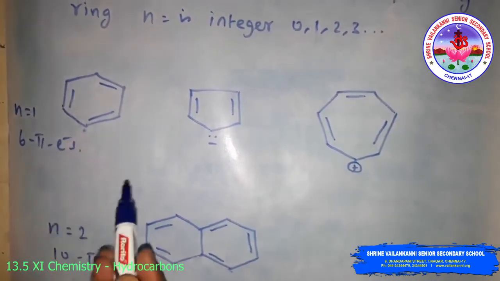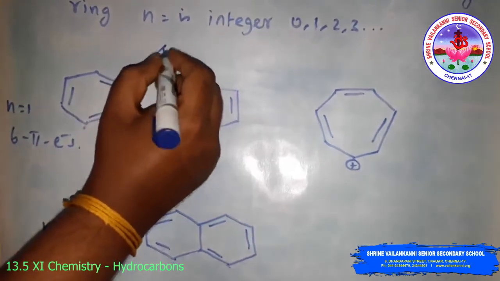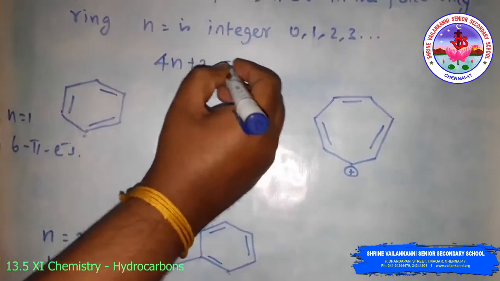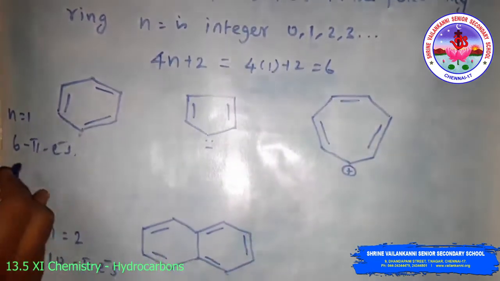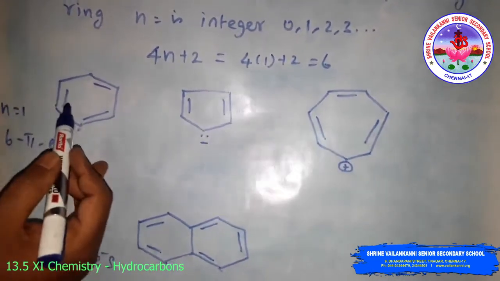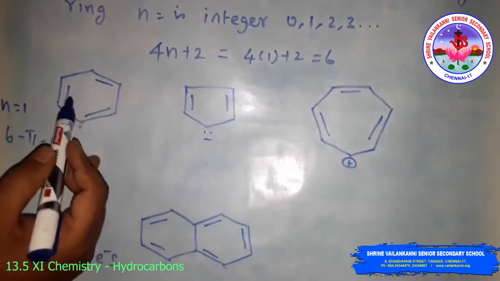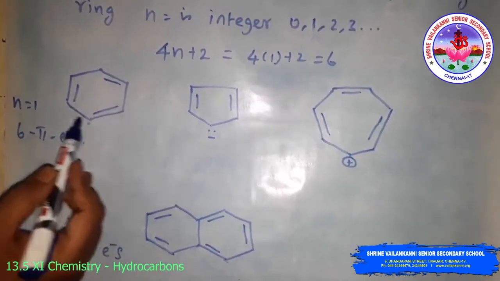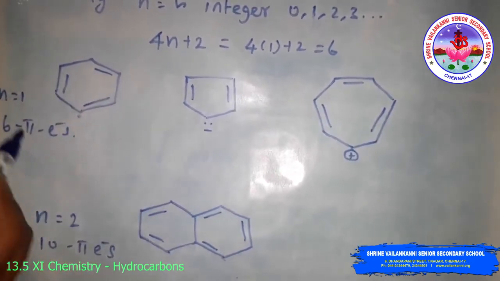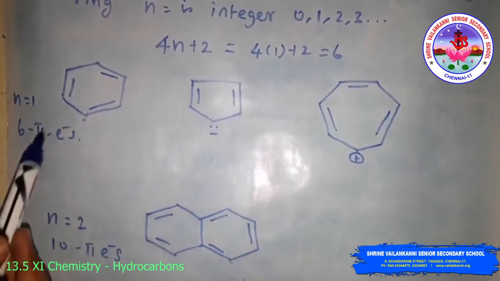For example, n is equal to 1 means what? The rule is 4n plus 2, so here 4 into 1 plus 2 becomes 6. So that is 6 pi electrons. 6 pi electrons means each pi bond has 2 electrons, so this bond has 2 and this bond has 2. So the 6 pi electrons are present.